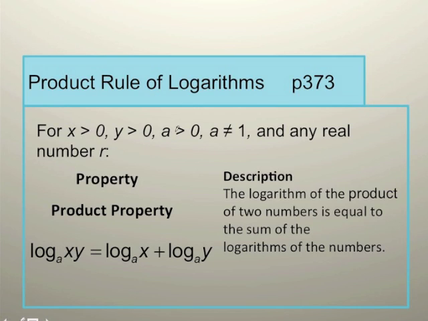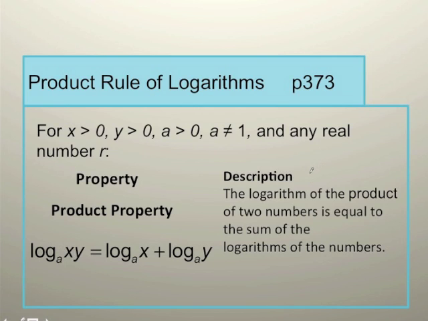If all these numbers are positive, and a is not equal to 1, for any real numbers r. This is the product property. The logarithm of the product of two numbers is equal to the sum of the logarithms of the two numbers.